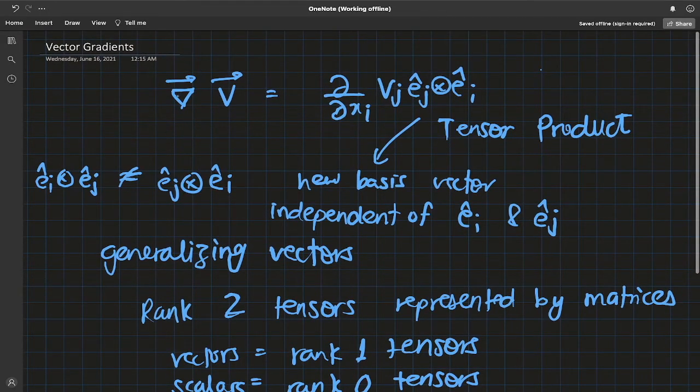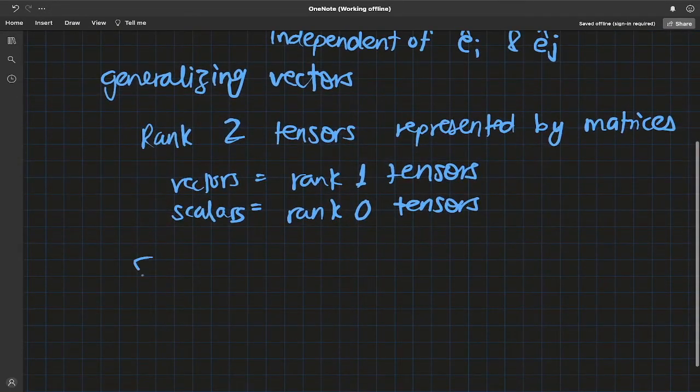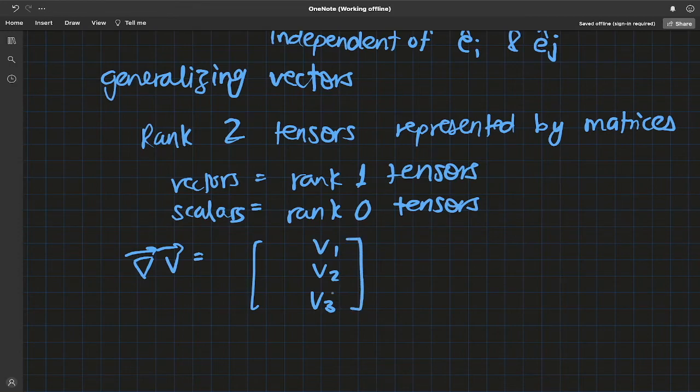What this means when you're actually computationally calculating it is, well, you have components for the vector field V. Just take the gradient of each of them. That's what the vector gradient is actually telling you to do.